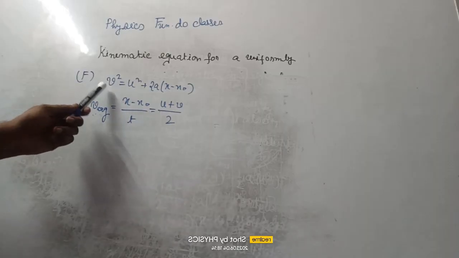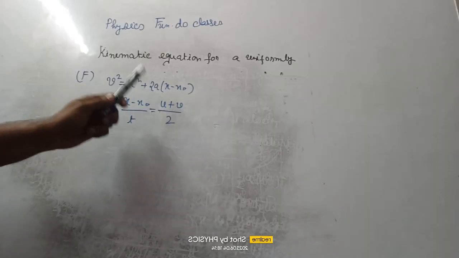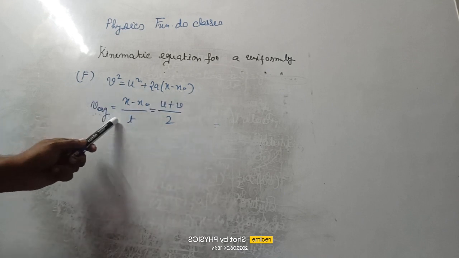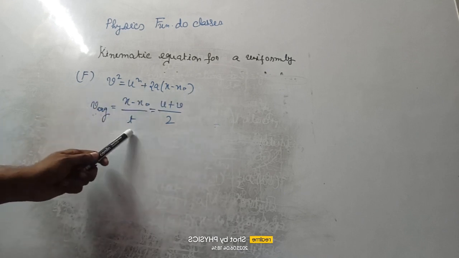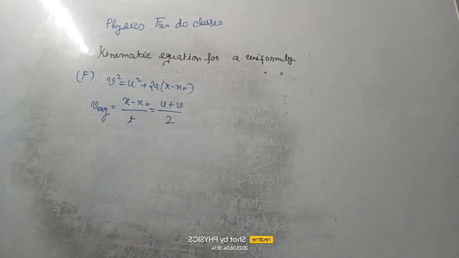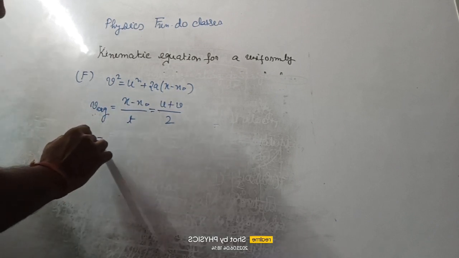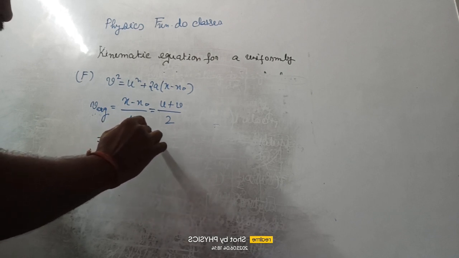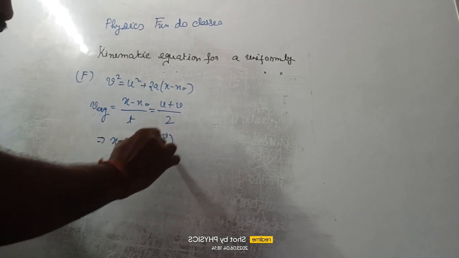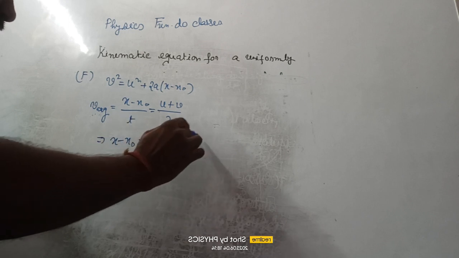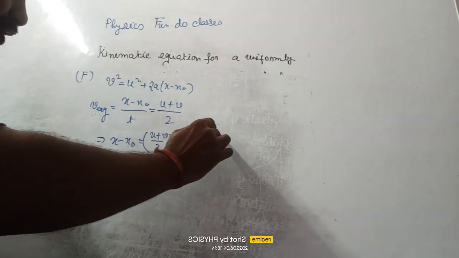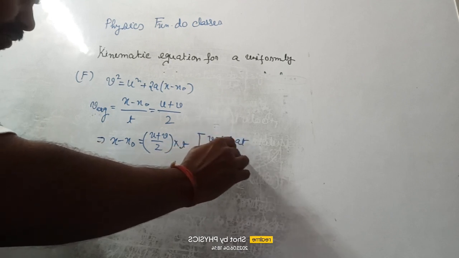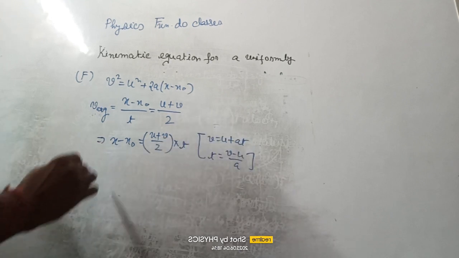Now we have to prove v square equals u square plus 2a into x minus x0. Now v average is equal to x minus x0 by t, that is equal to u plus v by 2. Here x minus x0 is equal to (u plus v) by 2 into t. We know that v equals u plus at, so t equals (v minus u) by a.